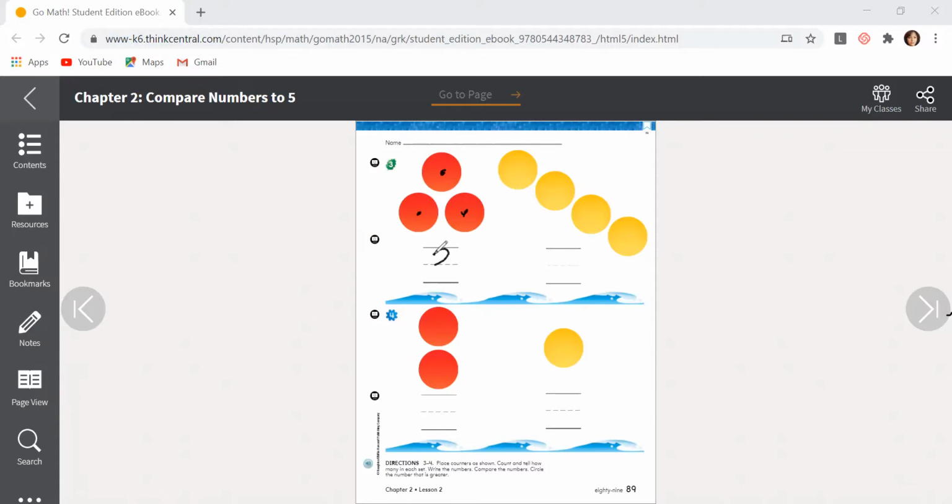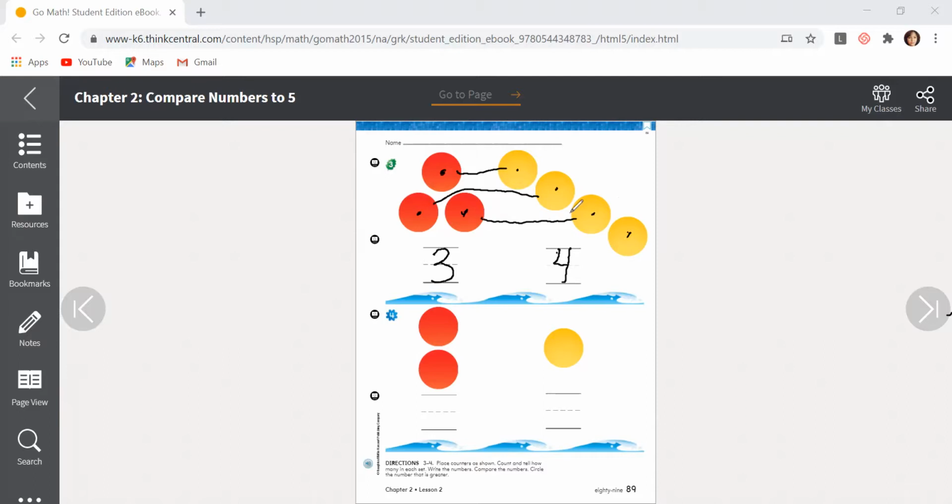So I put my number so I don't forget how many in that group. 1, 2, 3, 4. And I'll write my number 4. So for this one, we're going to pair them first, and then we're going to find out which one is greater. So a red with the yellow, a red with the yellow, a red with the yellow.